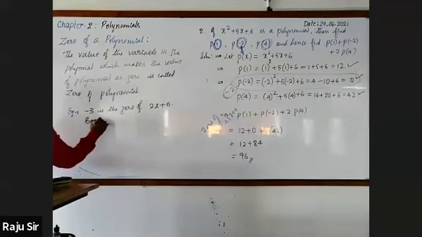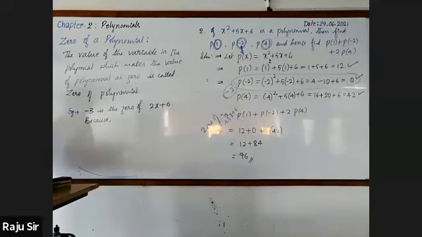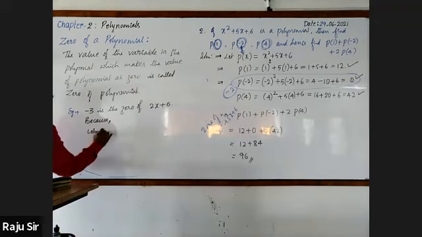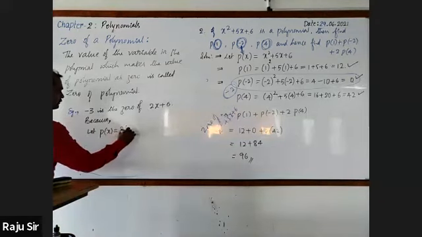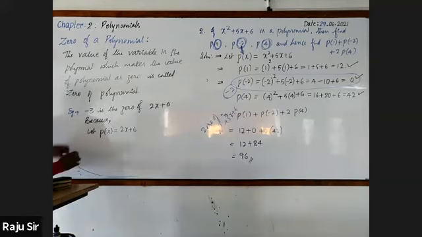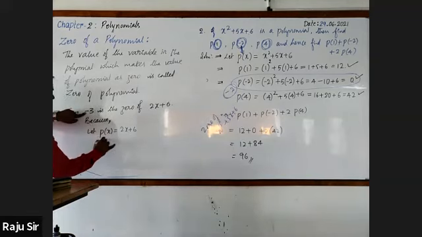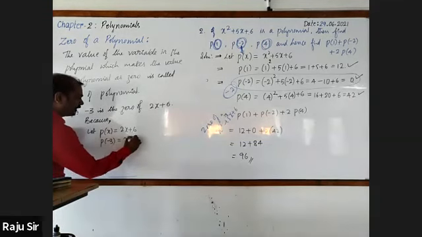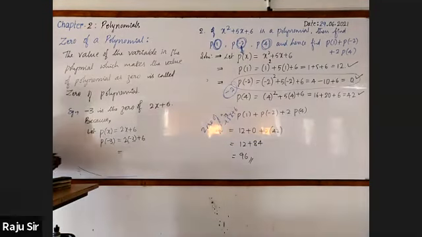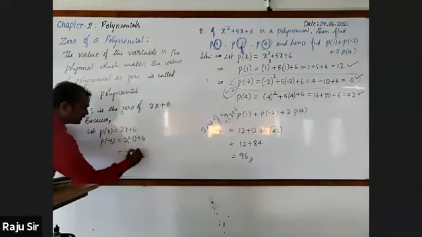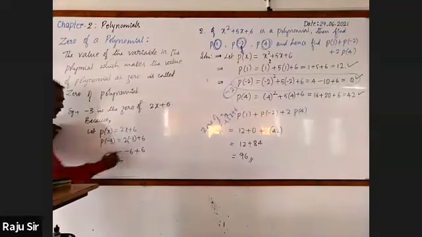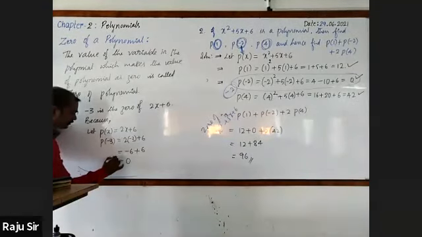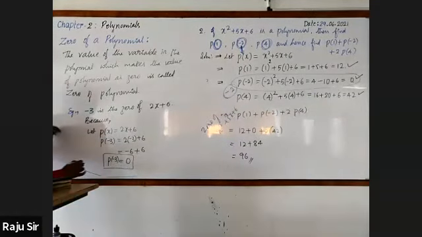The reason is here on the right, p of x is equal to 2x plus 6. In place of x, we should substitute minus 3. It is equal to 2 into minus 3, then plus 6, which is minus 6 plus 6. Both cancel, it will be 0. p of minus 3 is equal to 0.